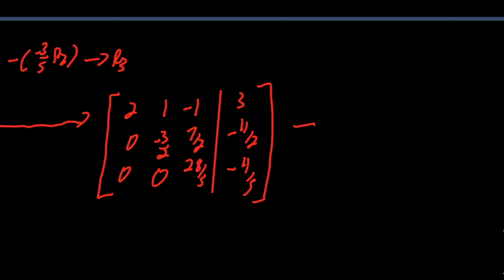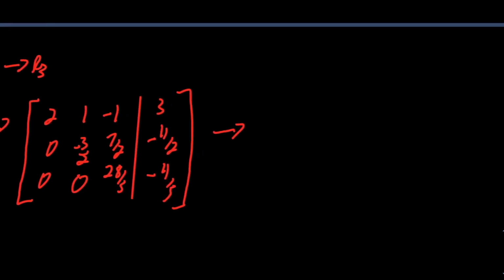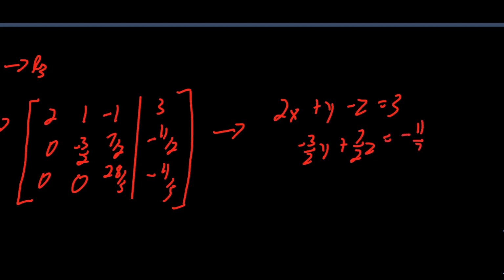Converting everything back, we get 2x plus y minus z equals 3, negative 3 halves y plus 7 halves z equals negative 11 halves. And we have 28 over 5z equals negative 4 fifths.